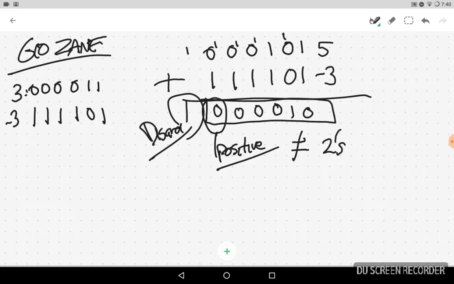That would just be 2. I just want to reiterate that in this case, we used a 2's complement to represent the negative 3, but our answer here was a positive number, and we didn't have to convert it back.